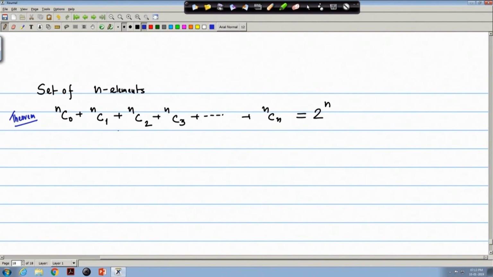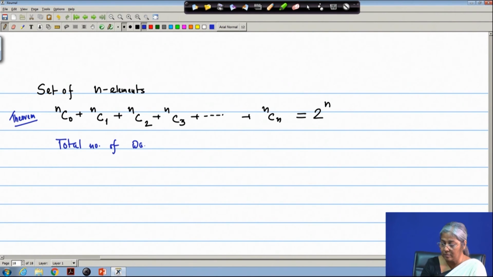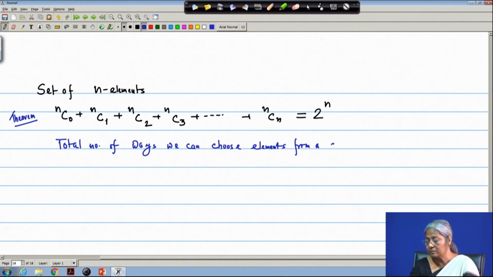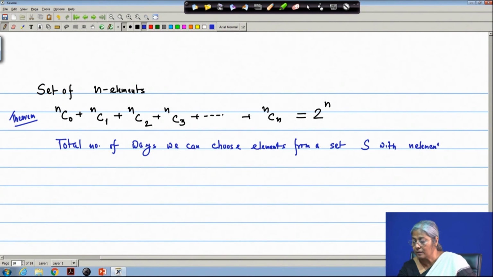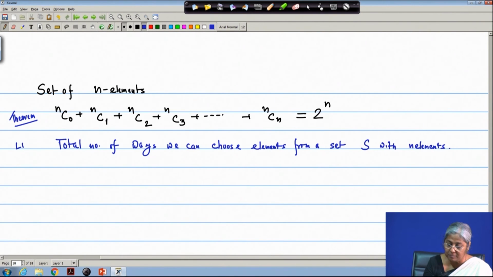From the definition only, actually we can prove that this is the total number of ways we can choose elements from a set S with n elements, and this is my left hand side.